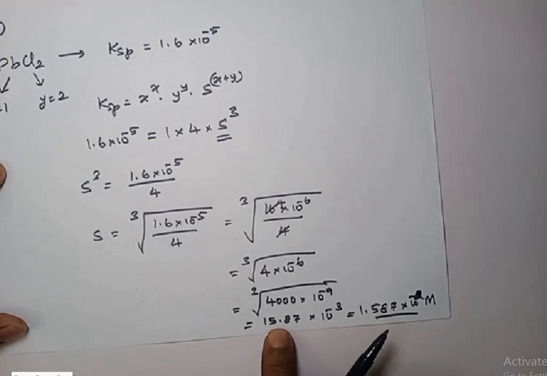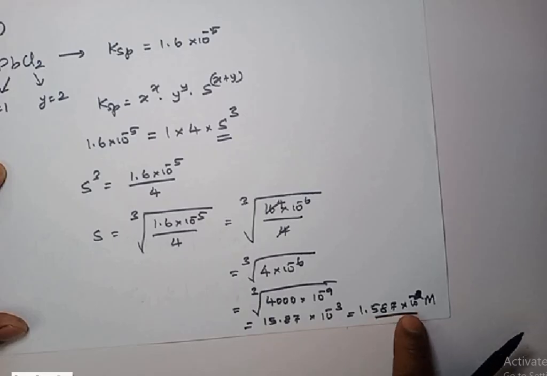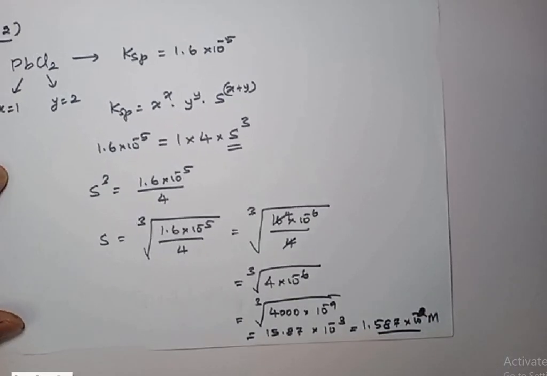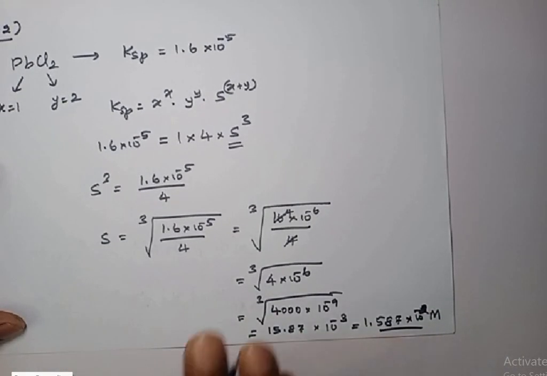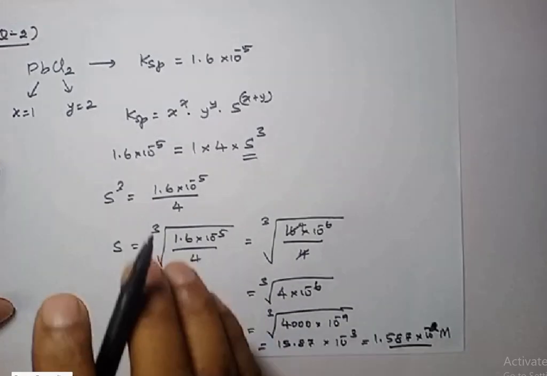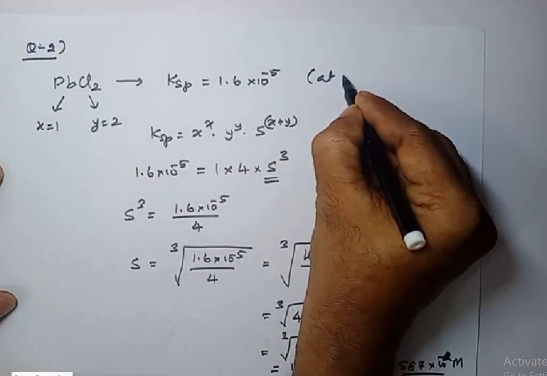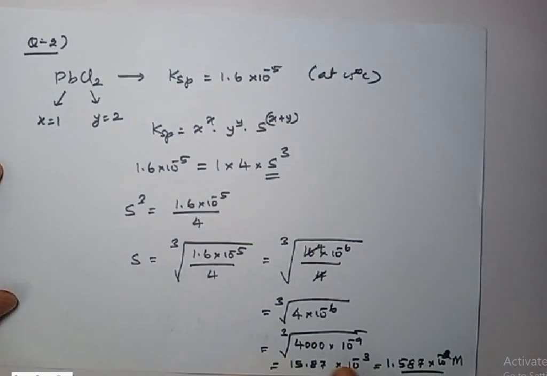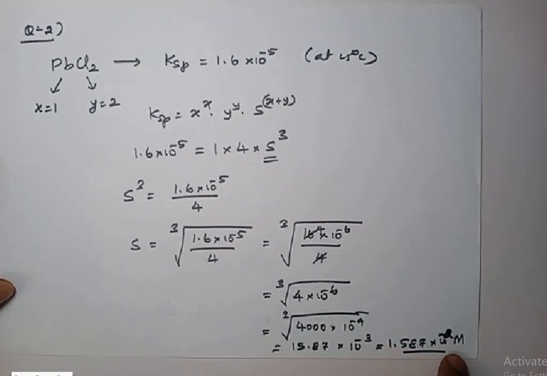What I did? I divided this value by 10 and multiplied by 10. So 1.587 into 10 power minus 2 molarity. This is the solubility of lead chloride, at 25 degrees Celsius.